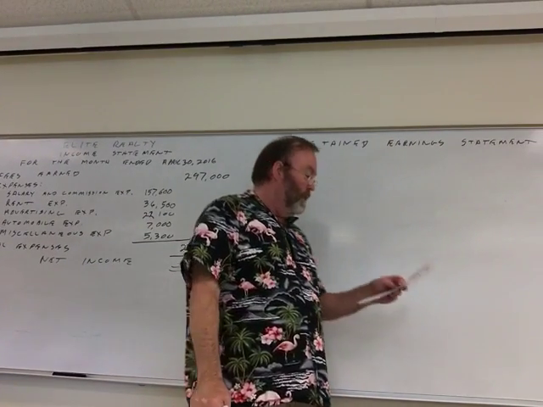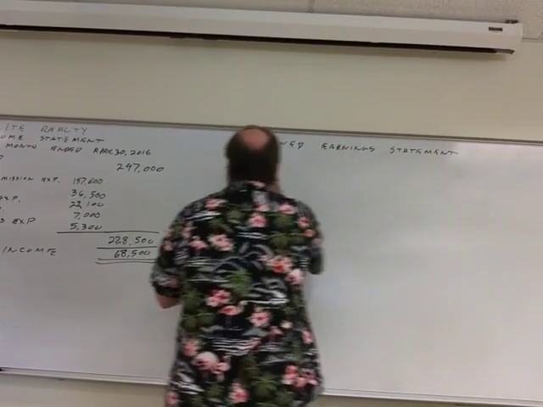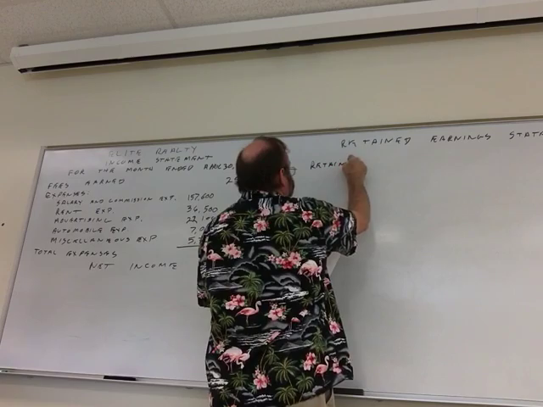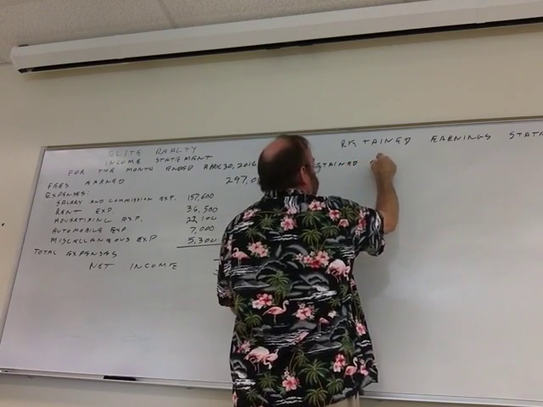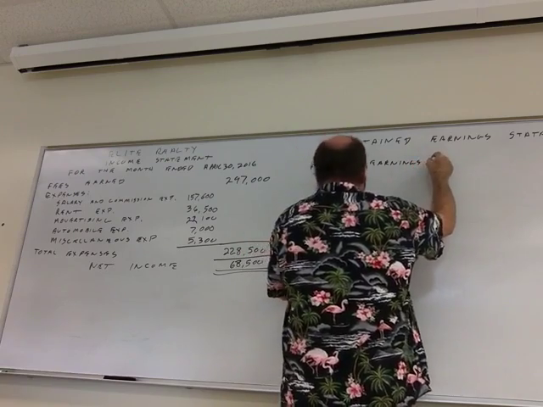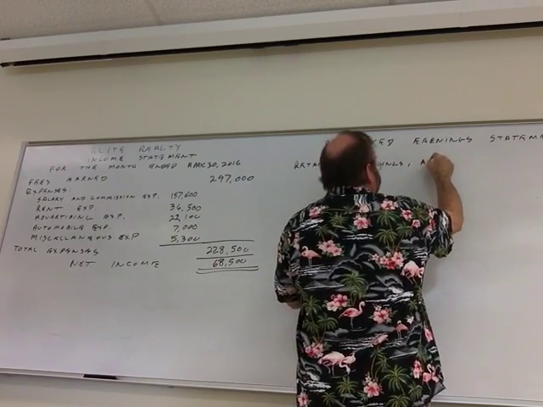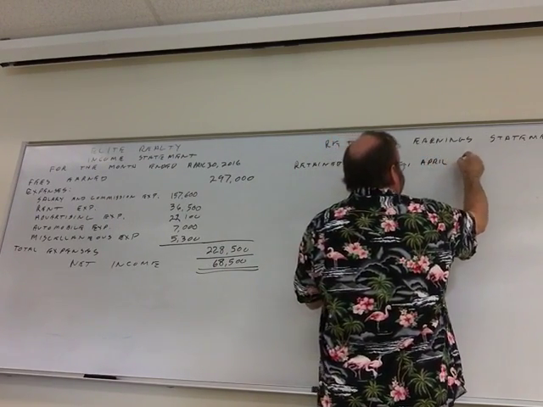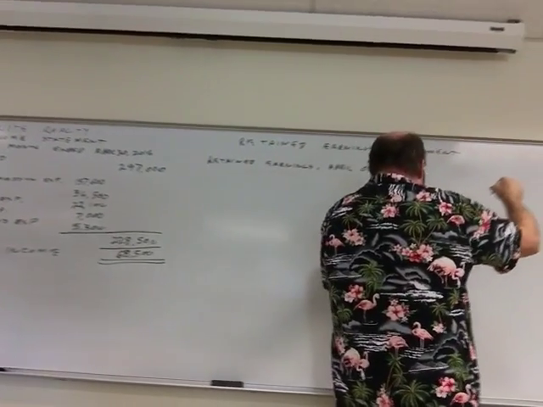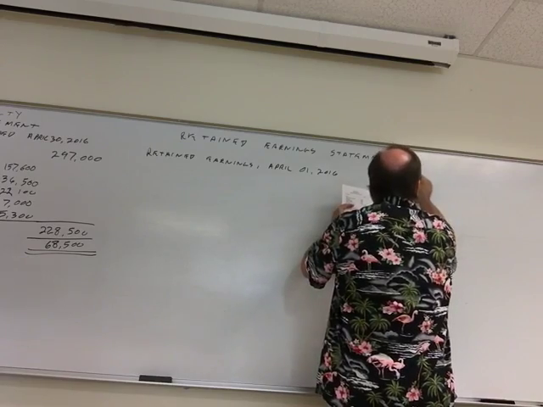All right? We start with the retained earnings on April the 1st, which it gave us in the problem as $36,000.